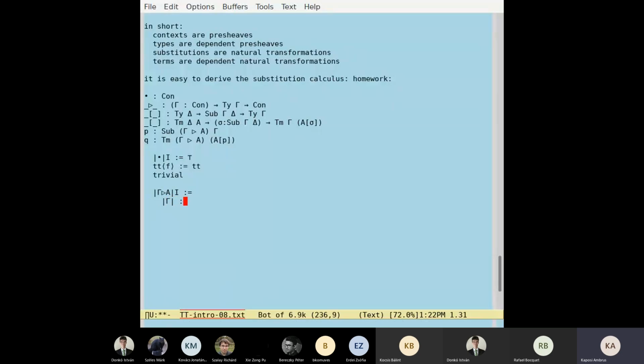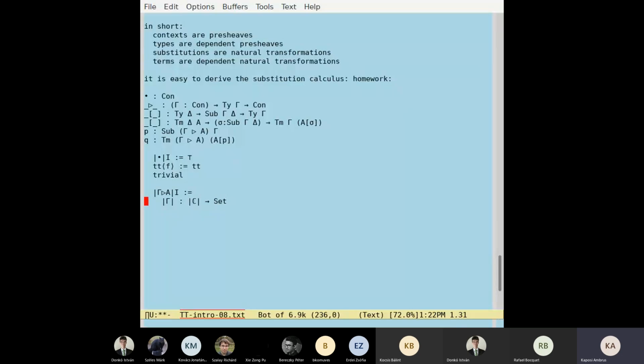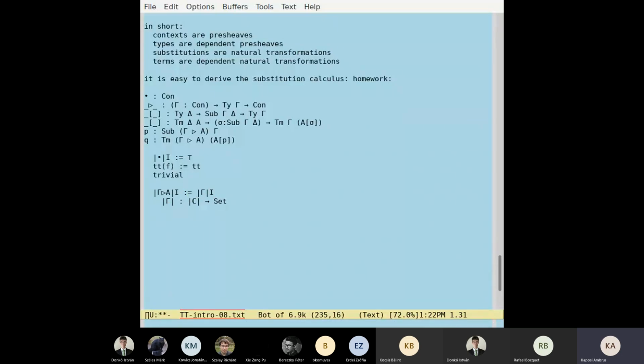So gamma goes from C to Set. The first component of gamma is just a set for every element of I. So I have an I here, so I can take gamma I, which is a set. Now what is A?